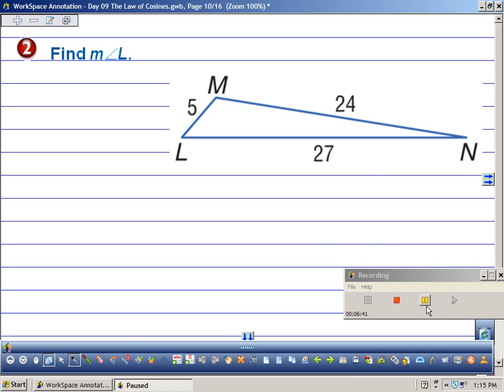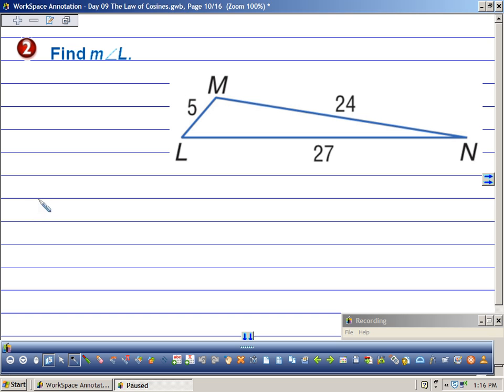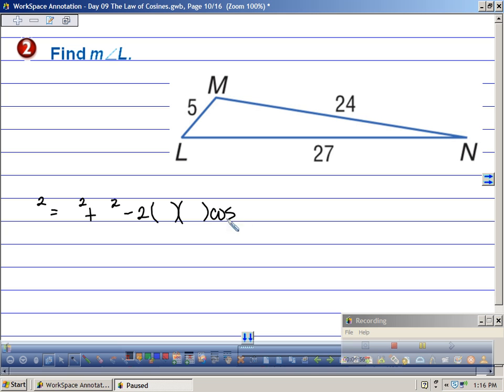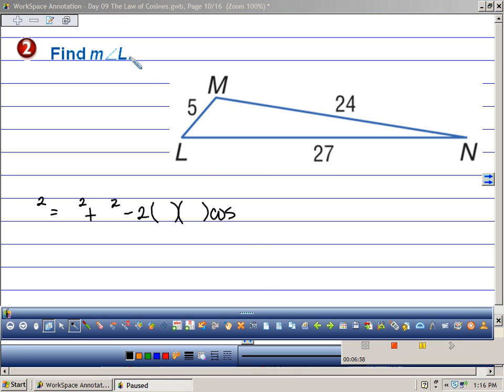All right, so write this one down. Okay, so once again, let's draw our shell. We're going to square something. It's going to be equal to the sum of the other sides squared minus 2 times the other sides times the cosine of the angle. It says find the measure of L. So I'm looking for this angle right here.